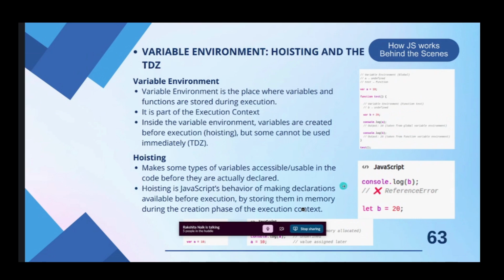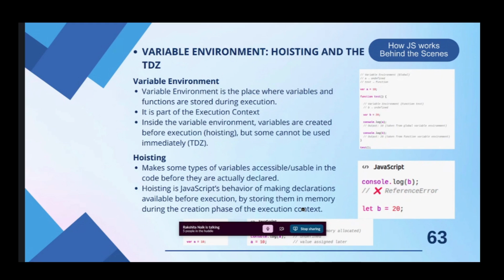Then it will call the test function. In that function there is again a variable, b is equal to 20. Before execution in the function, in the memory phase, b will be undefined. Then in the execution phase, b will be assigned 20.